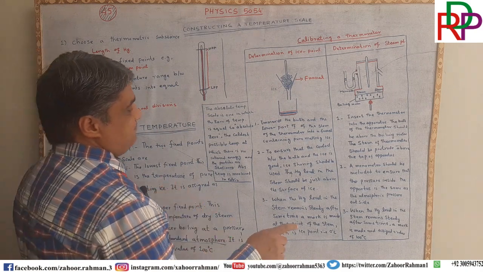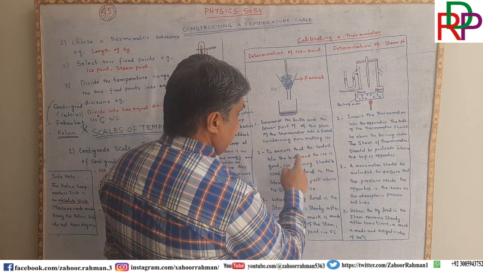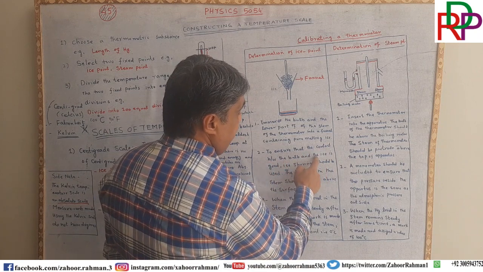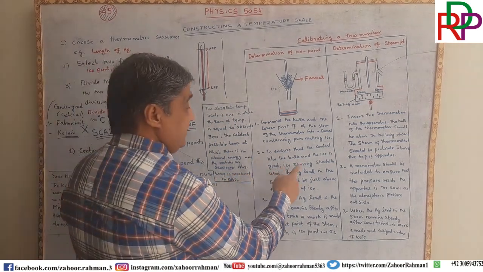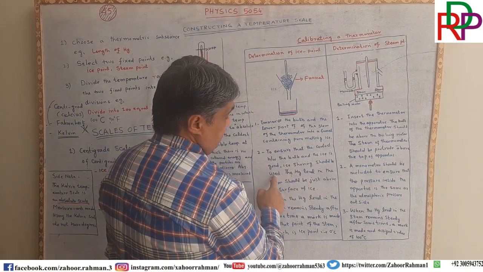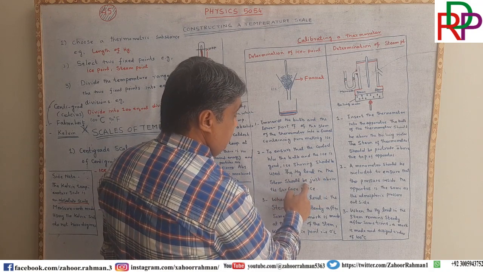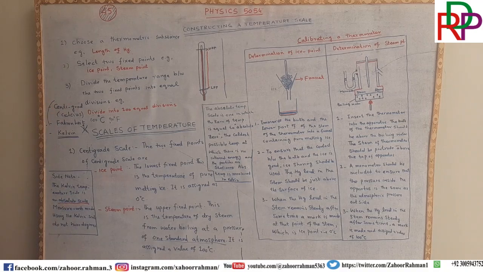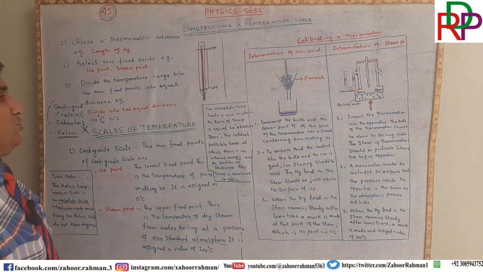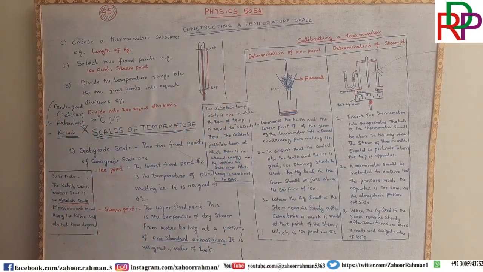The second step is to ensure that the contact between the bulb and the ice is good. Ice shavings should be used. The mercury level in the stem should be just above the surface of the ice.